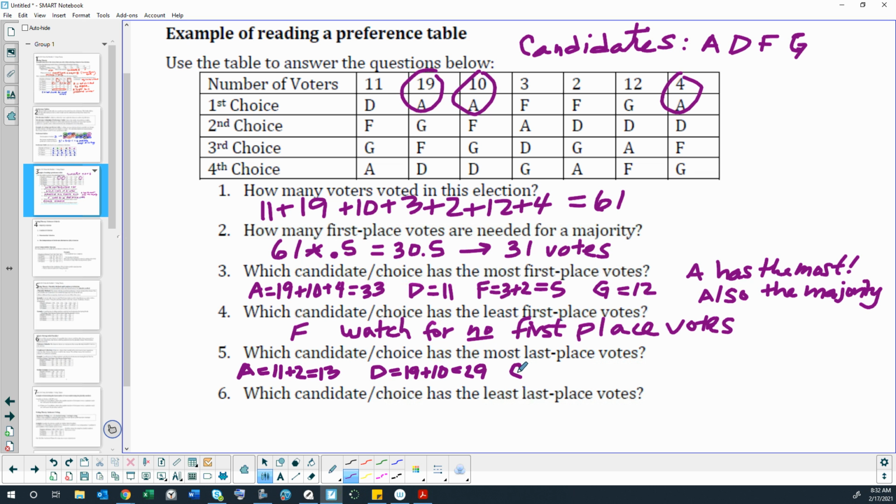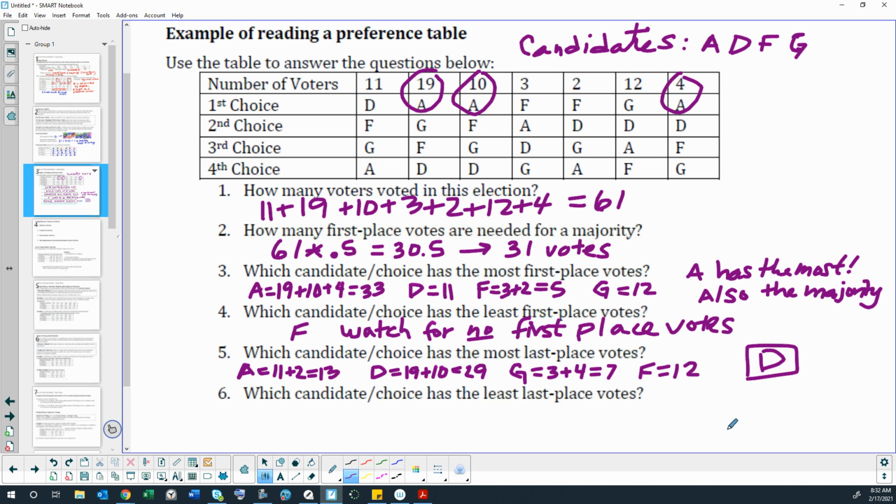And G has 3 plus 4, which is 7. And F has 12. So which one has the most last place votes? D. Perfect, it is D.